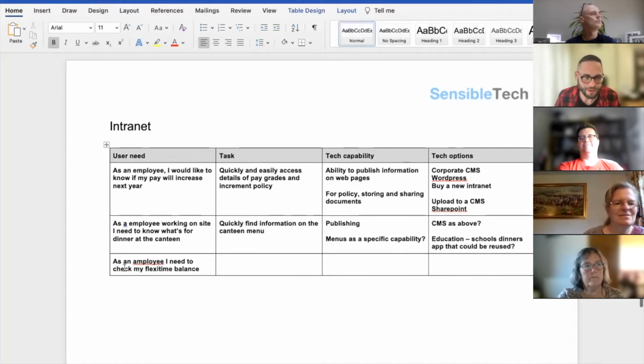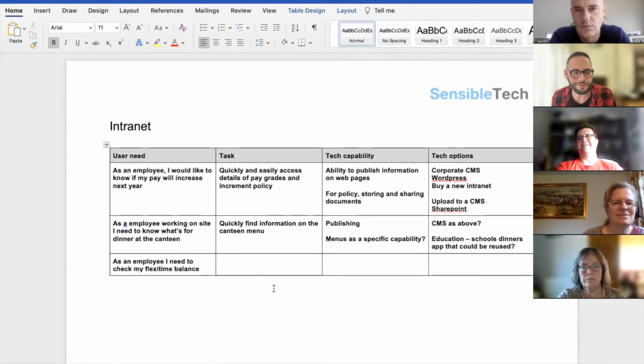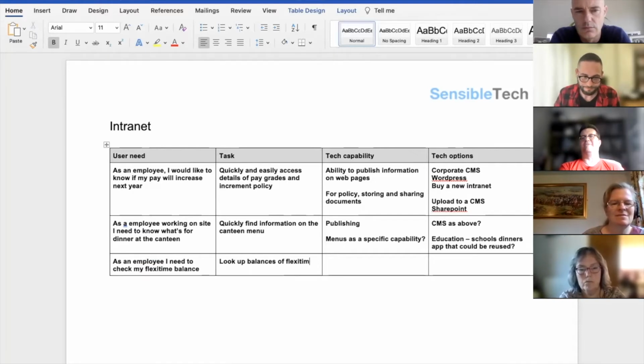Staff member. So again, the task there is exactly that, really: look up the balance of flexi time.